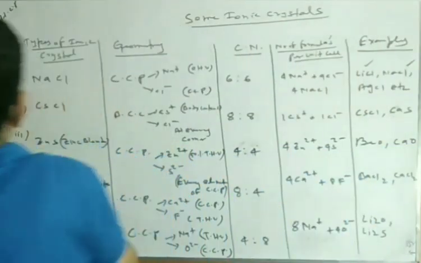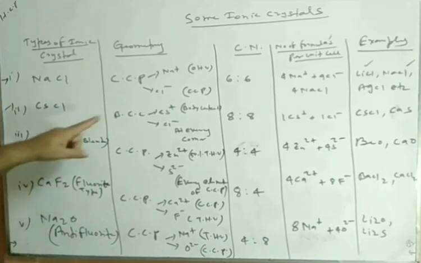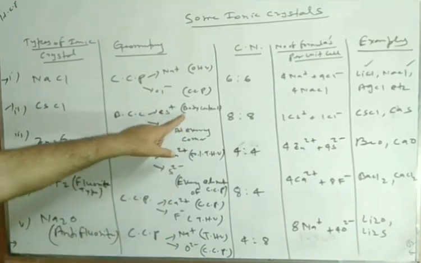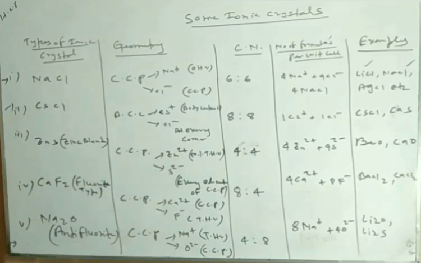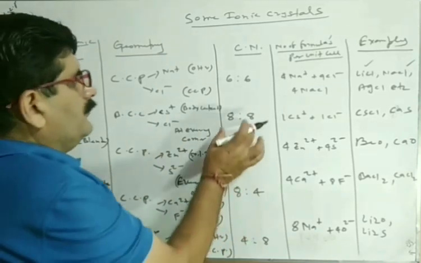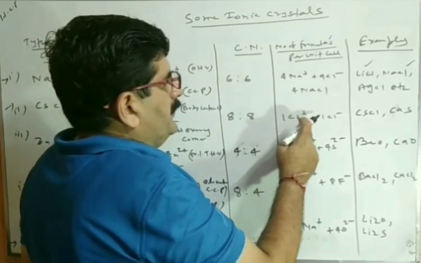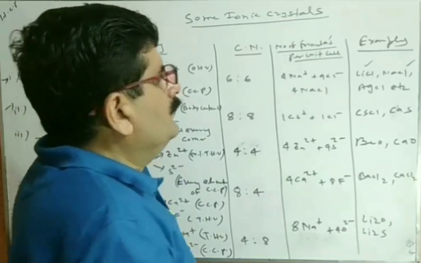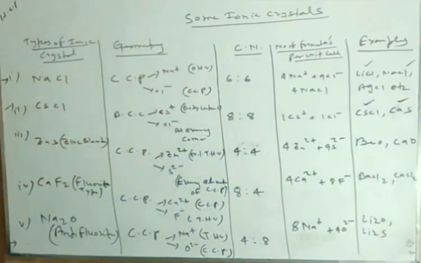Our second example, cesium chloride, BCC, body centered cubic like structure, cesium plus body centered, Cl minus at every corner of the cube. The coordination number ratio 8:8, Cs plus 1 and Cl minus 1, 1:1 ratio. The examples are cesium chloride and calcium sulfide.